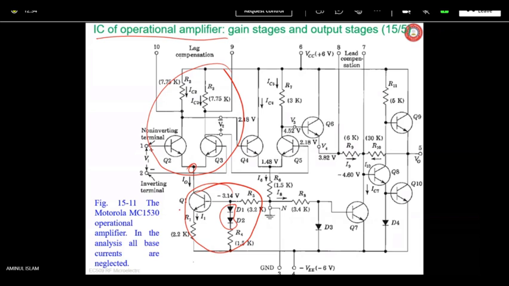So all those things keeping in mind, we will now be symbolizing the operational amplifier, and we'll discuss its application in various cases. Okay, that will be the next class. Now let me stop here.